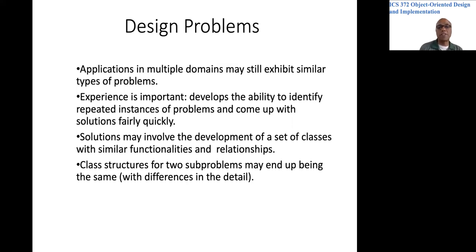We'll see different kinds of design patterns in this course. They simply show the structure of the solution for a problem, and you need to adapt that structure to suit individual occurrence of a problem.